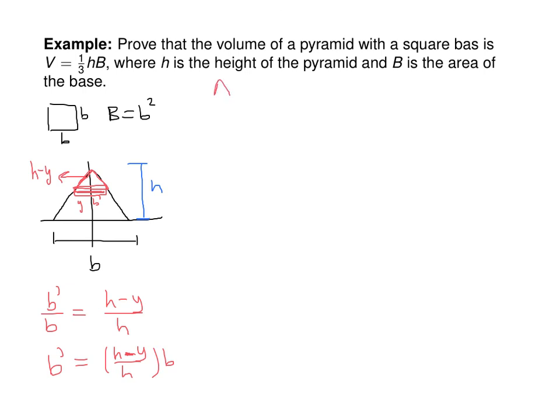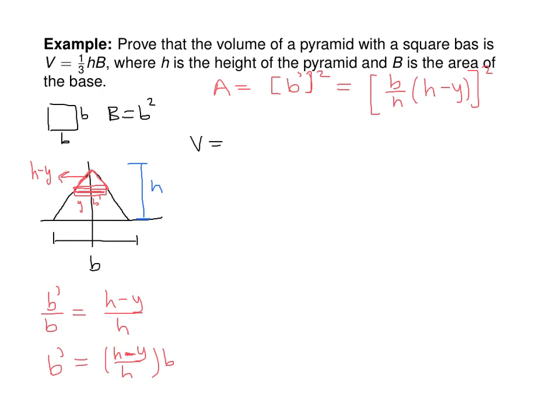So the area of a cross-section is b prime squared, or b over h times h minus y, that whole thing squared. So to find the volume of my pyramid, I must add up all of my slices.